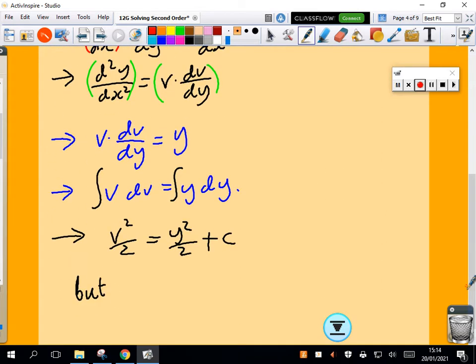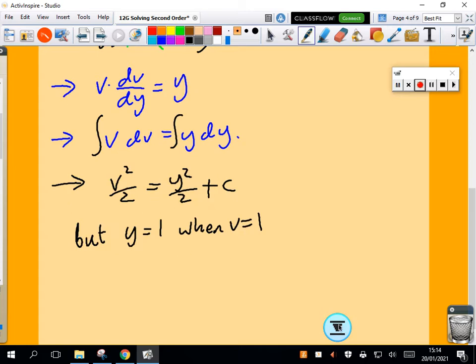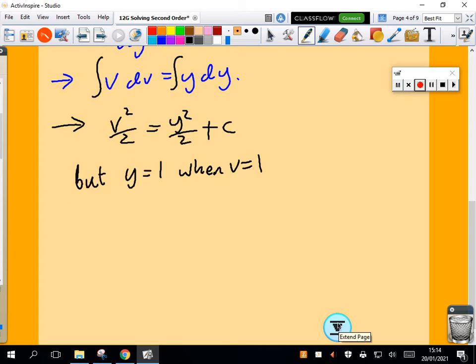So y is equal to 1 when v is equal to 1. Therefore, substituting 1 in for v, we get a half. Substituting 1 in for y, we get a half, plus c. So we can conclude there that c has to be equal to 0.